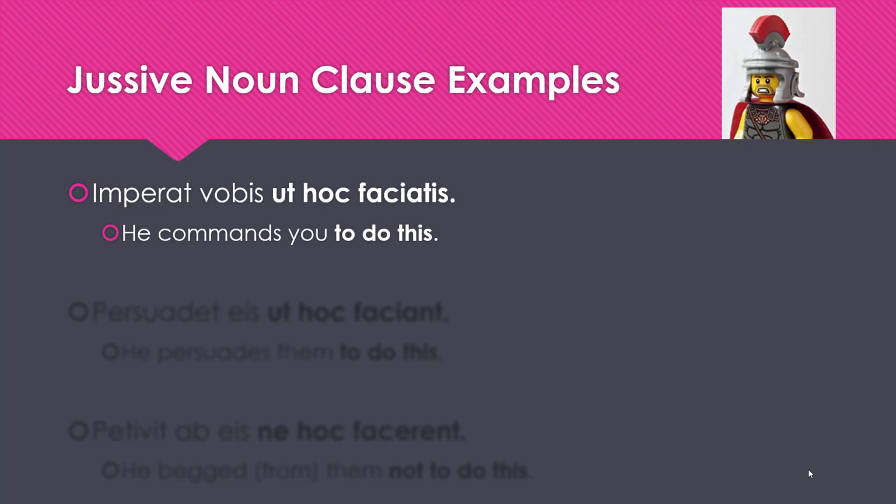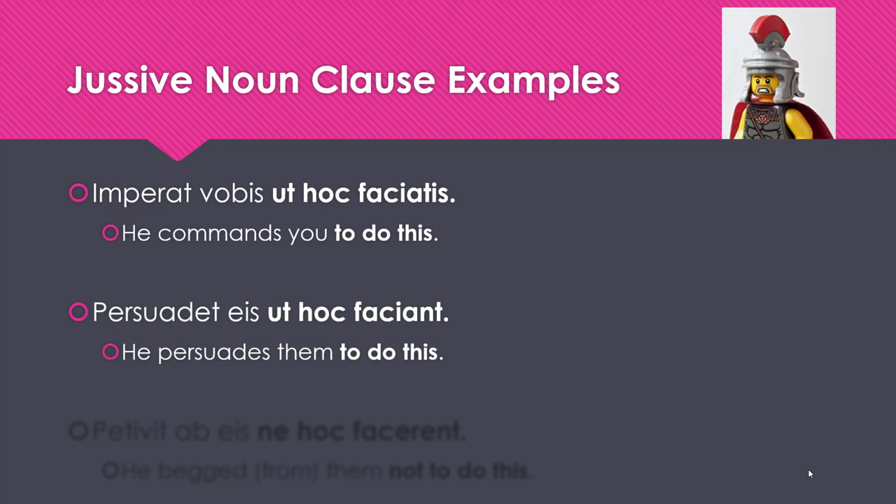And then you have vobis, because impero is going to take a dative, and so that's the noun part. There's that noun there. He commands them. You would usually think, oh, he's commanding someone in the accusative. Well, in this case, it's dative. And then you have ut, and then you have a verb in the subjunctive. In this case, it's present subjunctive. Facio is a third conjugation -io verb, and that's why it's faciatis.